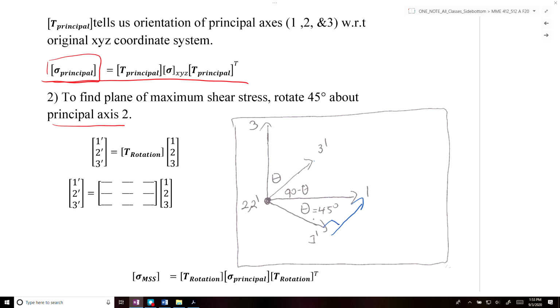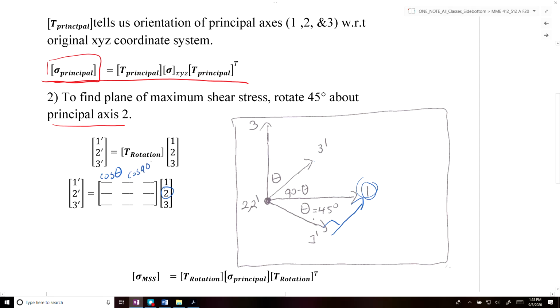To determine the projection of the 1 axis on the 1' axis, that would be equal to the cosine of 45 degrees. The projection of 2 onto the 1' axis is going to be equal to the cosine of 90 degrees.